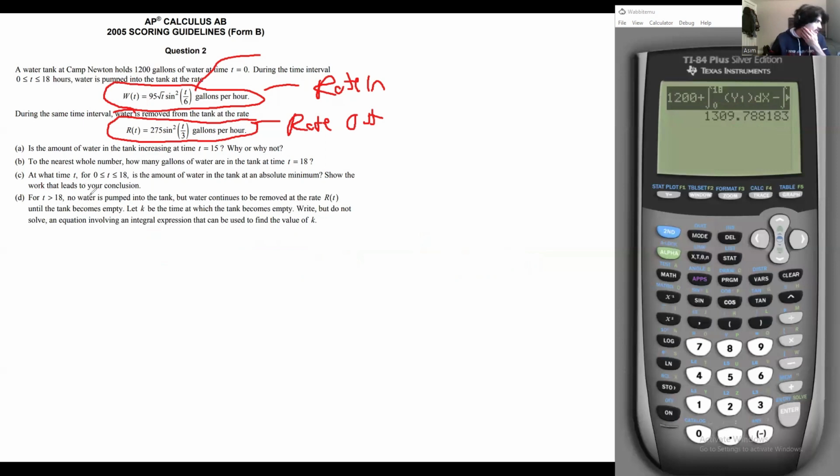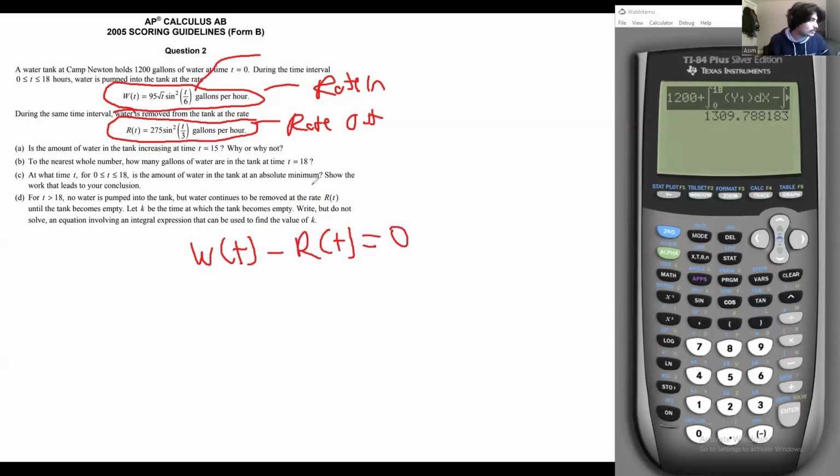For 0 less than or equal to t less than or equal to 18, at what time t is the amount of water in the tank at an absolute minimum? Show the work that leads to your conclusion. All right, so at what time do we have the absolute minimum, guys? What I want to do is set W(t) minus R(t) equals 0.